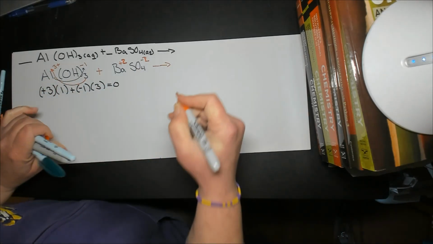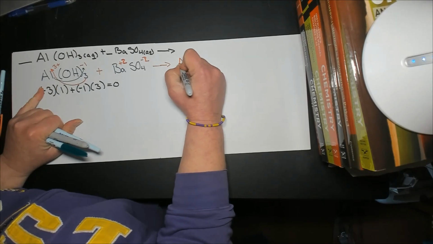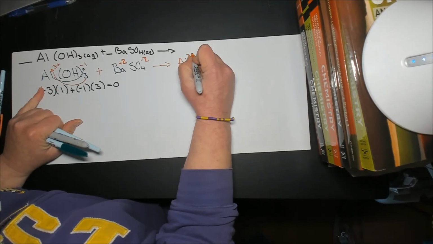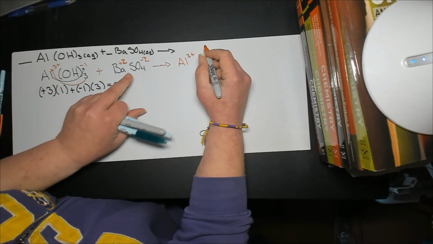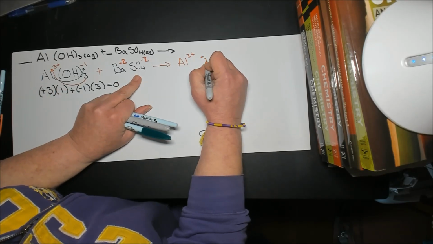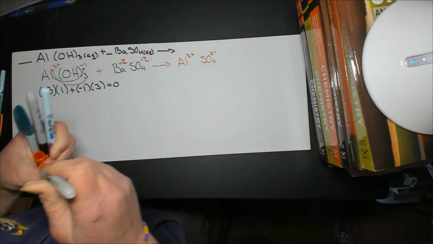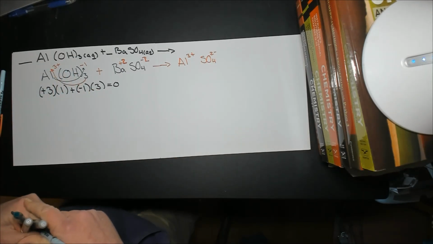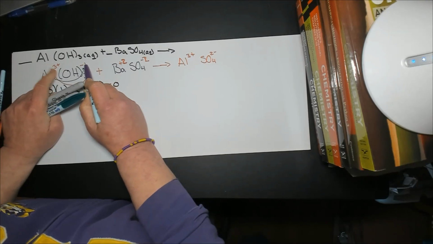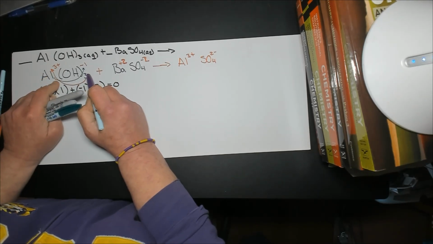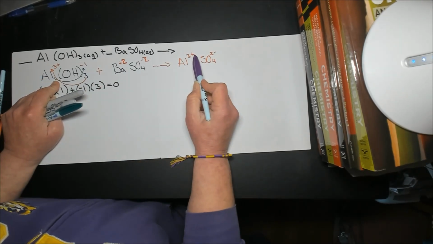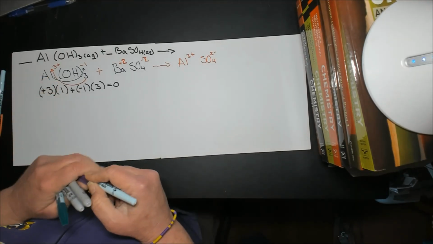And that gives me Al3+ and a sulfate ion, SO4 2-. So just as I figured out what the charges were from the subscripts, now I can use the charges to figure out how many of each.